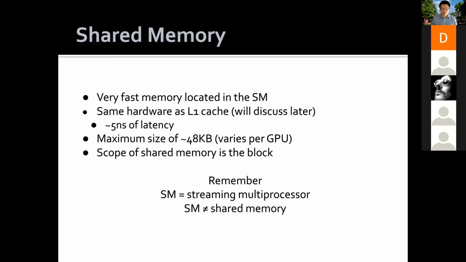What does this mean? For example, for the V100, we have 96 KB of shared memory plus L1 cache. That means you can use 48 KB shared memory and 48 KB L1 cache, or you can configure all the capacity to shared memory, 96 KB.